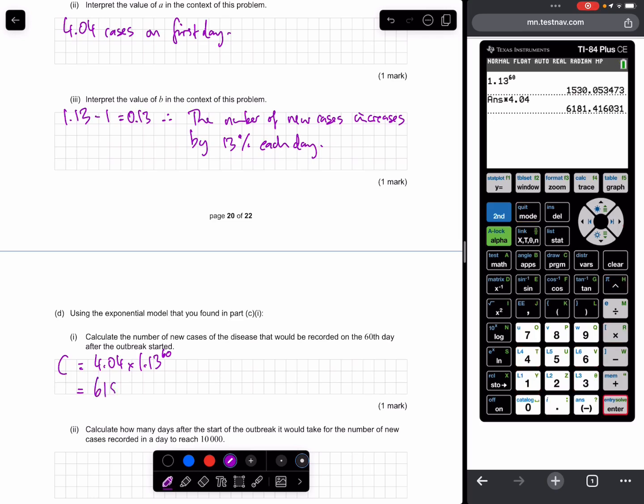You got 6181.81, so 6181 new cases on 60th day.